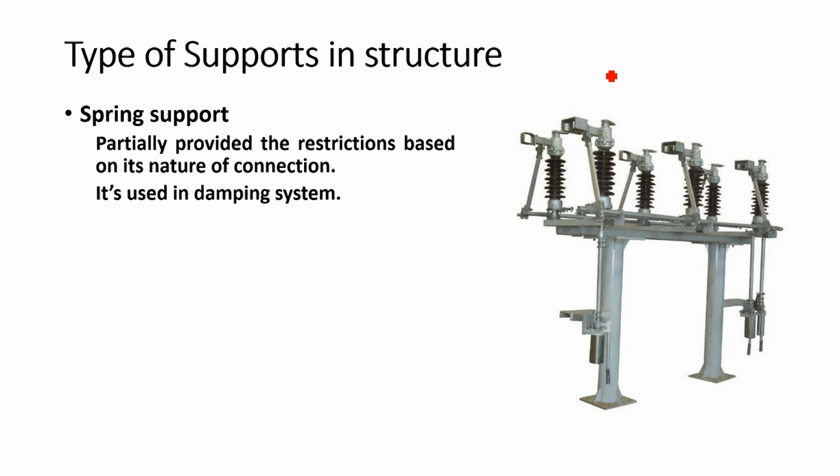For example, here, if you give a vertical force, it will give the restriction, but not completely. There should be some settlement here, right? Because of the spring, there will be some settlement, but with that settlement, it will provide the restriction.